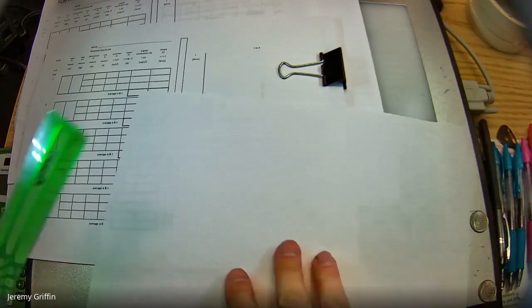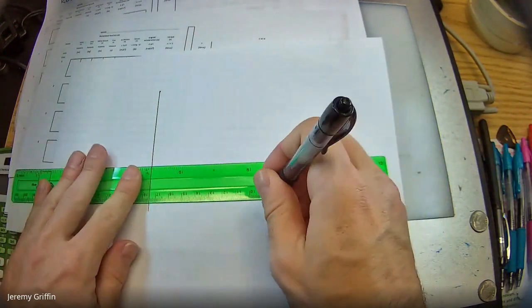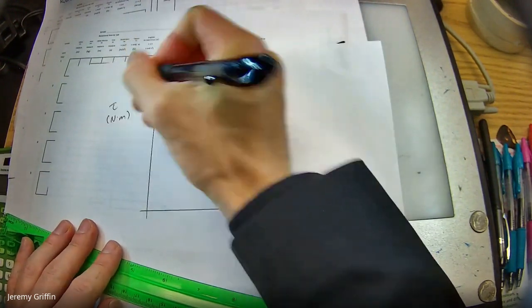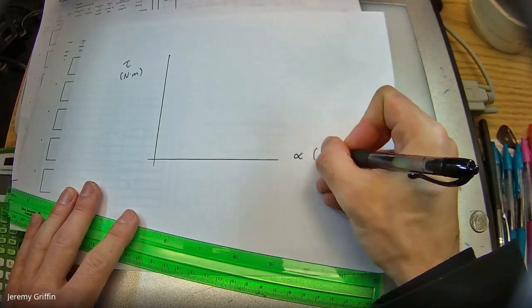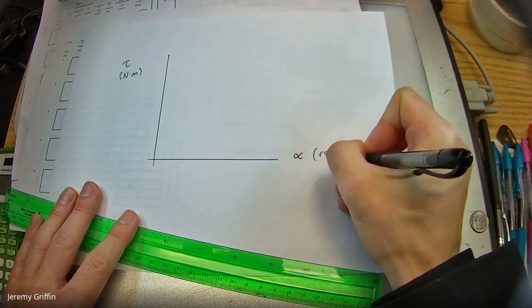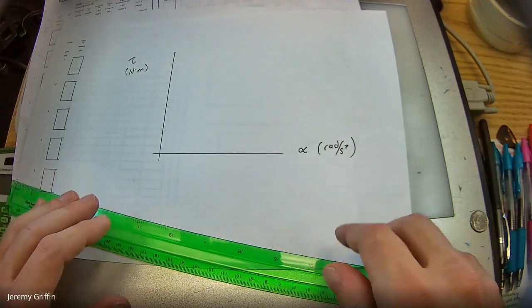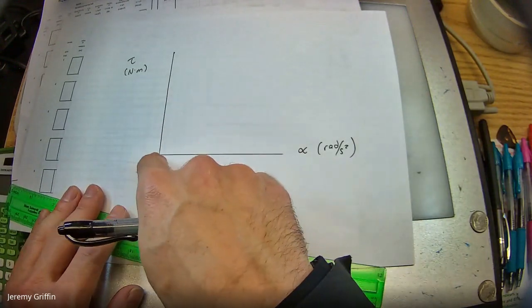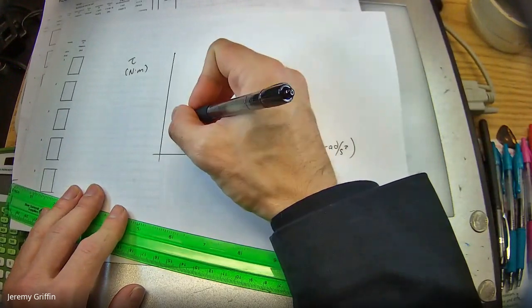So, let's go torque in Newton meters as a function of angular acceleration in radians per second squared. Now, cause and effect might make more intuitive sense to do that backwards, but there's a reason I'm going to have you do the axes this way: x-axis, y-axis. I have a prediction of what your graph is going to look like.